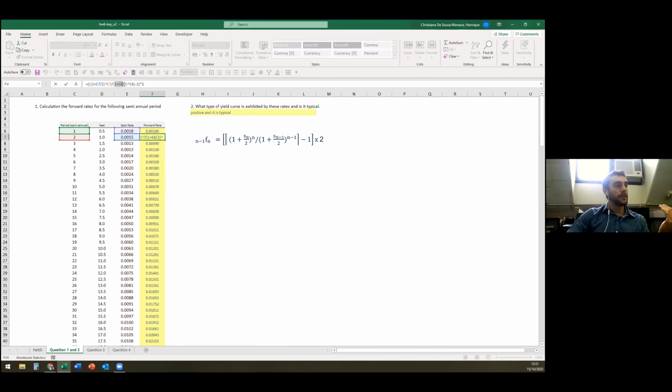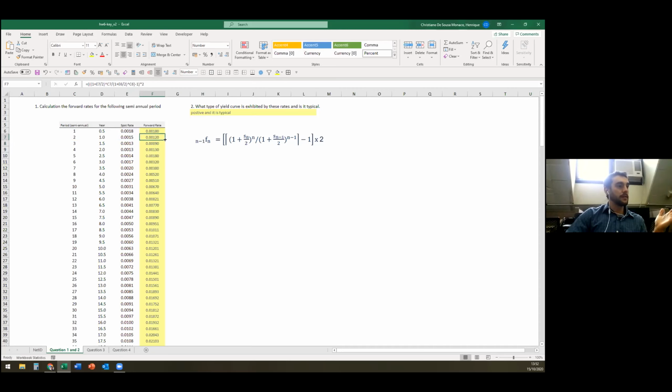Divided by 1 plus the spot rate on the previous period, n minus 1, divided by 2. And then this raised to the previous period, n minus 1, which in this case is equal to 1. Close parenthesis on that over here. Take 1 minus 1, close parenthesis, and do times 2, okay?